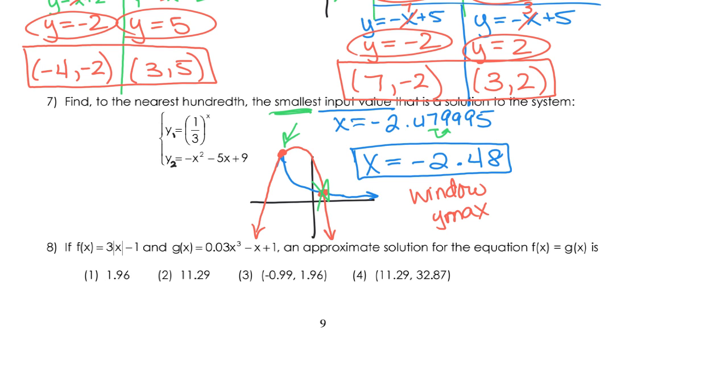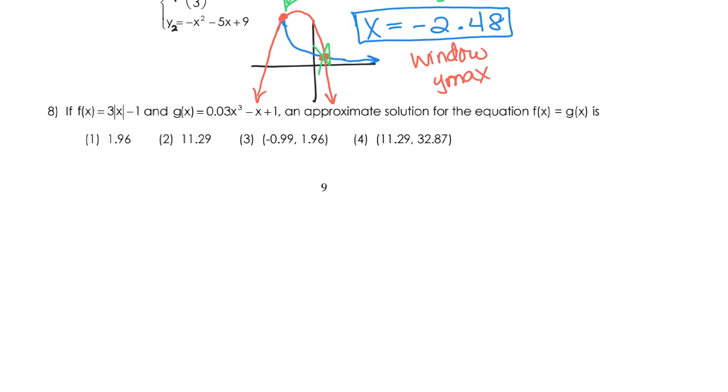All right. Let's go ahead and take a look at the very last one. In number 8, it looks like it gives us two equations, f of x and g of x. And they want to know an approximate solution for the equation f of x is equal to g of x. And again, because they're talking about solution, remember solution is what x equals.